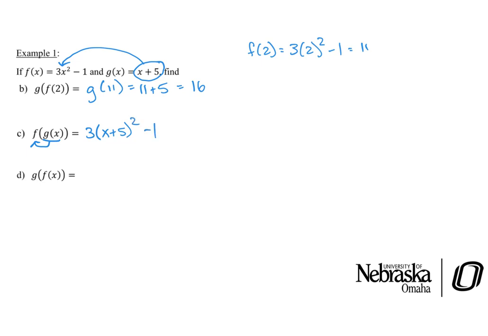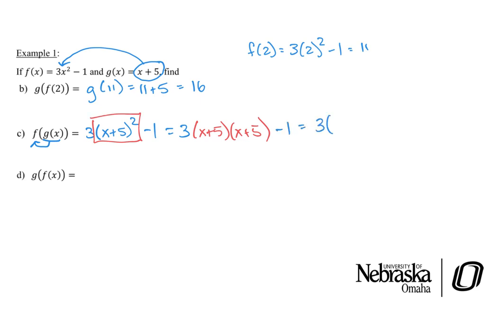Okay, now this is good, but then we should also probably simplify it. So remember when we have x plus 5 squared, I'm going to do this in another color just for clarity. That's the same thing as x plus 5 times x plus 5. So we have to actually FOIL this portion, and then keep our minus 1.